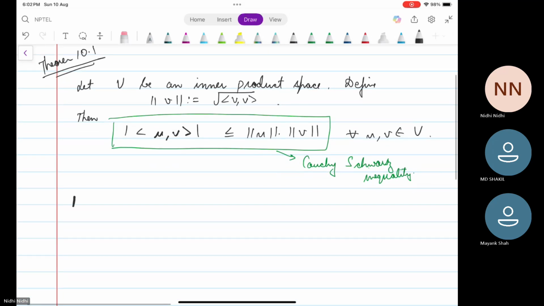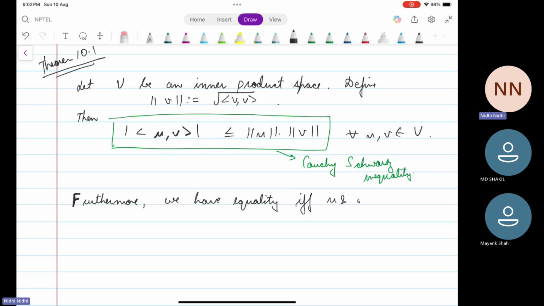Furthermore, we have this equality if and only if u and v are linearly dependent.